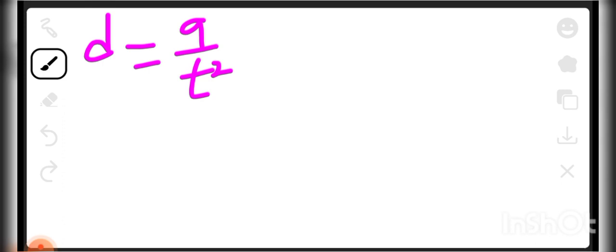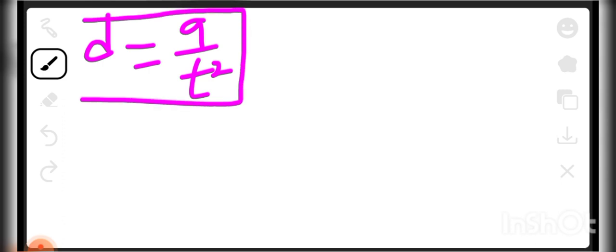Check if this equation is correct or valid. If we say distance equals a over t square, is it correct to say something like that? That is the question now.